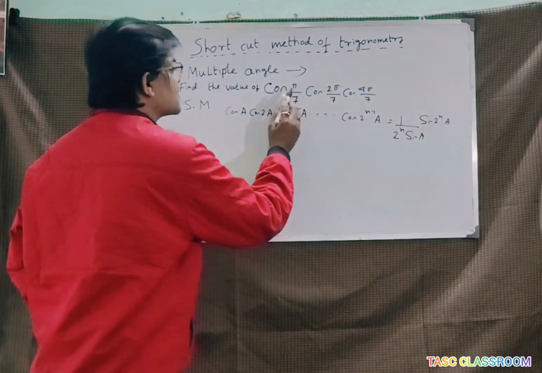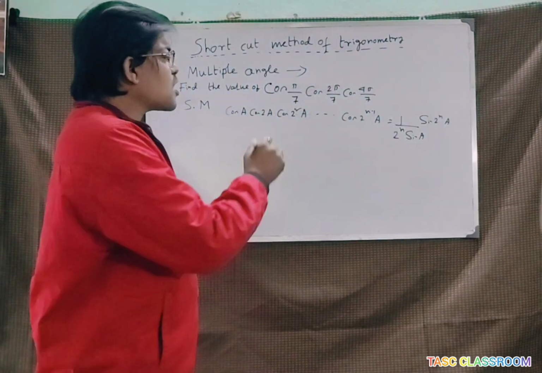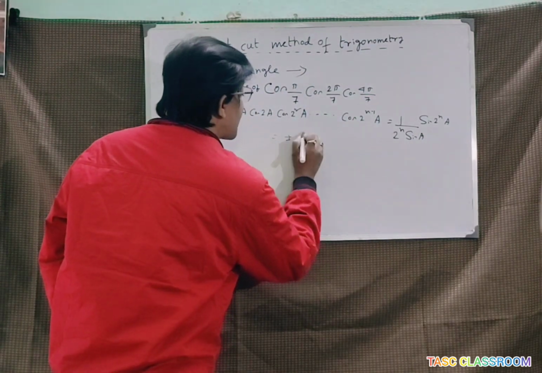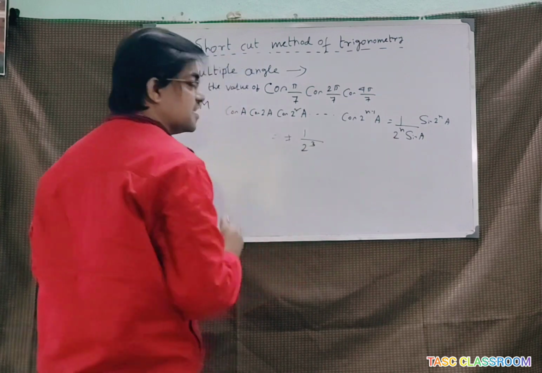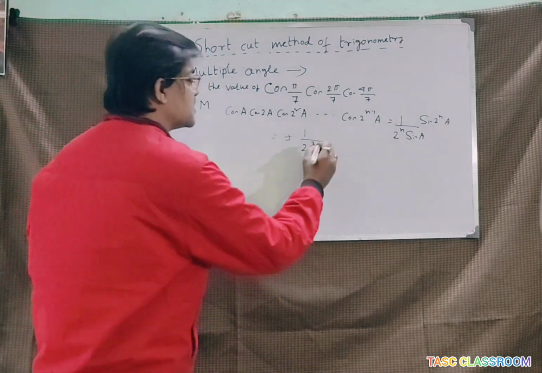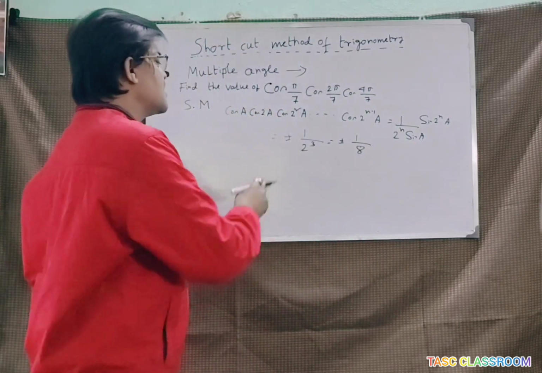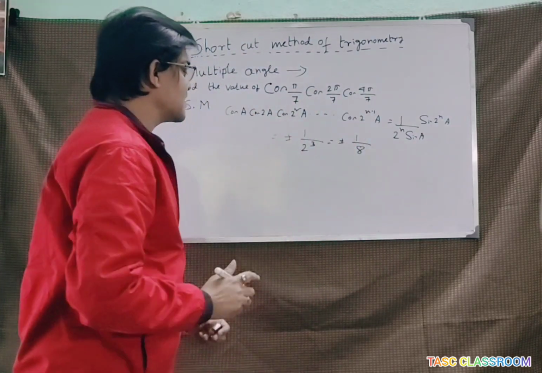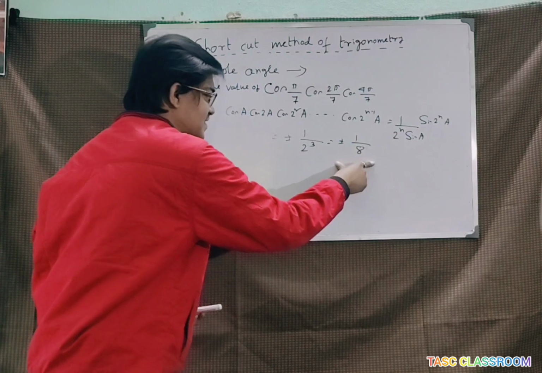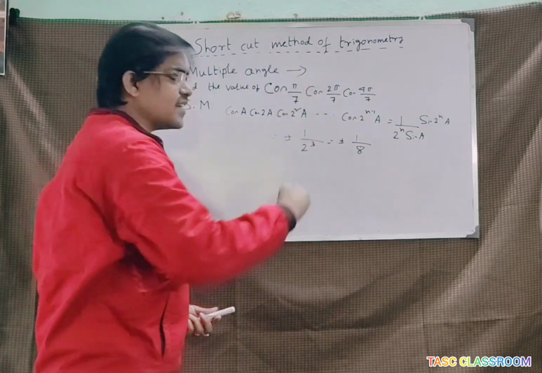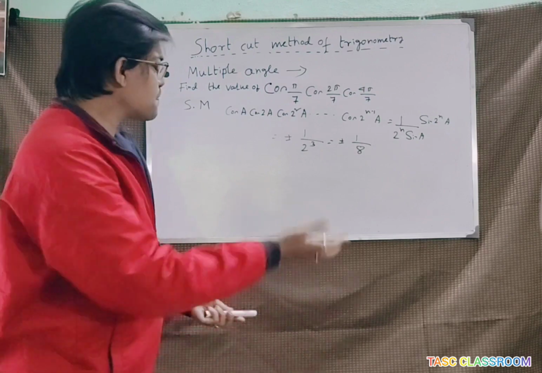Here, the number of elements is 3. Then the answer will be plus or minus 1 by 2 to the power 3, that is plus or minus 1 by 8. If there are 4 options, including 1 by 8 and excluding minus 1 by 8, then the answer will be 1 by 8.